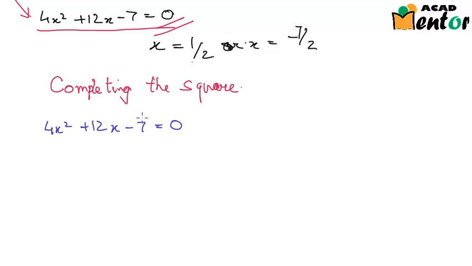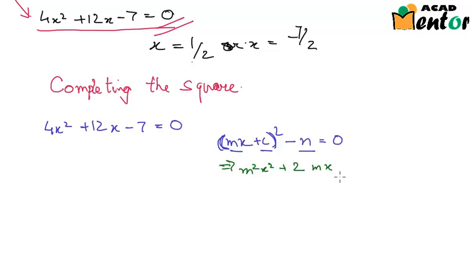Now we have to convert this equation in the form of, let's say, mx plus c whole square minus n equal to 0. Here, if you look carefully, this is a linear expression in x whole square and minus n equal to 0. Now we just have to find out the values of m, c and n. Let me expand this one. I would have m square x square plus 2 times mx into c plus c square minus n equal to 0.